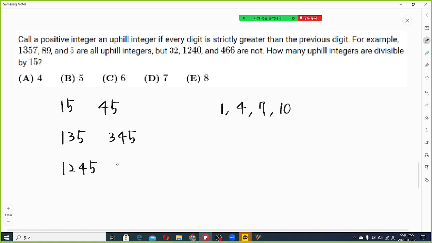I think we can make it this way because the three-digit sum is 4. But this is not increasing. It should be strictly greater, not this.